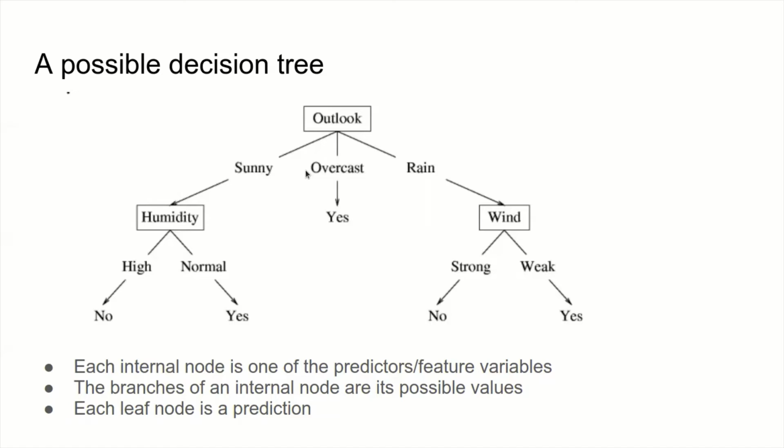However, our task is to build the best tree possible. Well, not the best tree possible, because that's quite a complicated problem. In fact, building a perfectly accurate decision tree with the least number of nodes or the least height is an NP-hard problem. That's quite interesting.